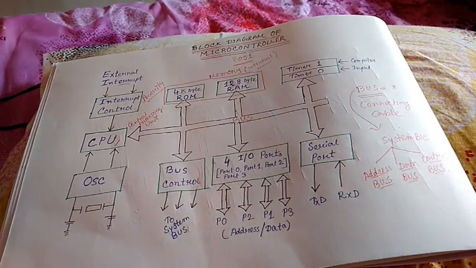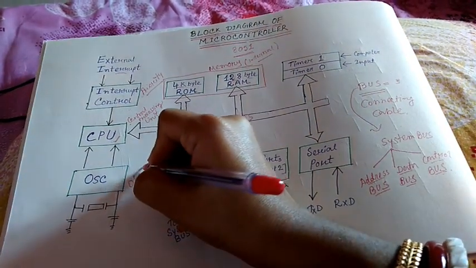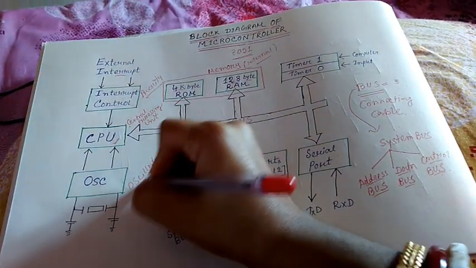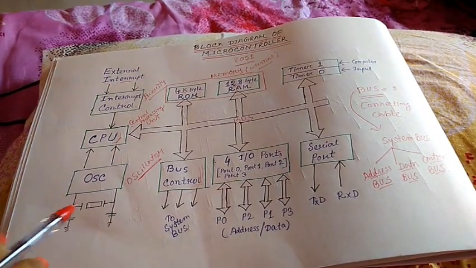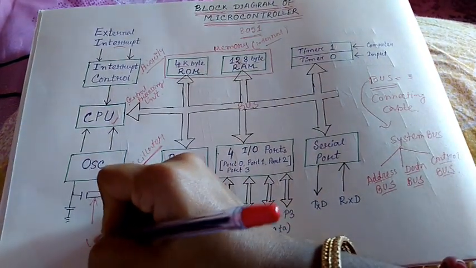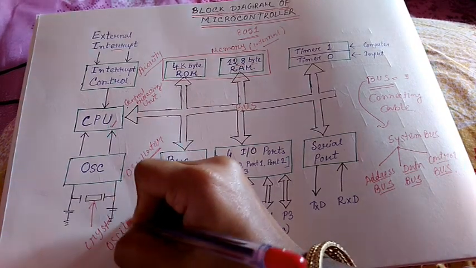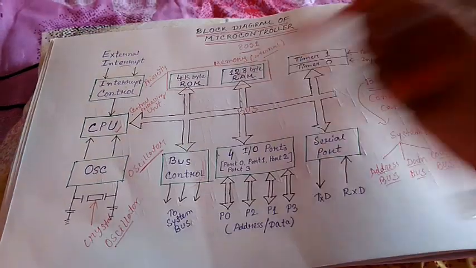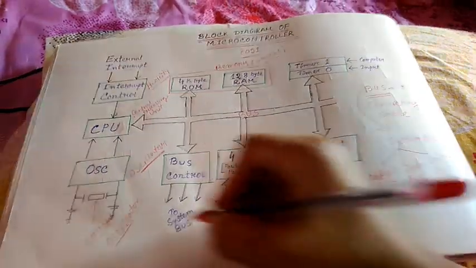And next part, left hand side of the bus control unit, that is called the oscillator. And we can see here the crystal oscillator is connected here. The oscillator is giving the clock pulse or frequency to the CPU for the operating purpose.